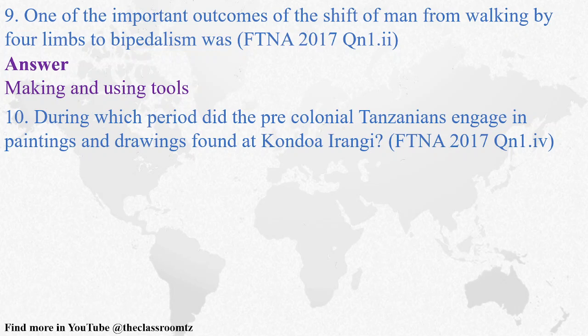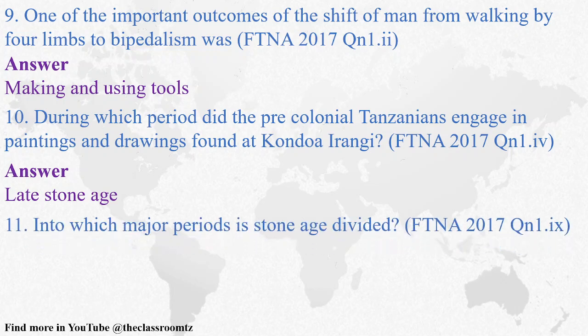Dodoma is famous because of these paintings and drawings of the earliest man. Then in which period? The answer is the Late Stone Age. The drawings found at Kondoa Irangi come from the Late Stone Age, so make sure you understand that.